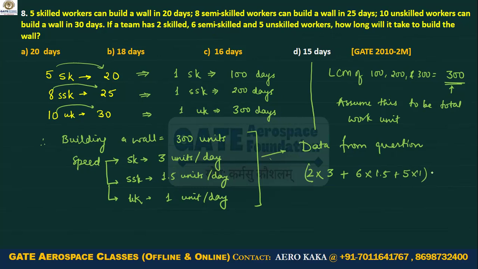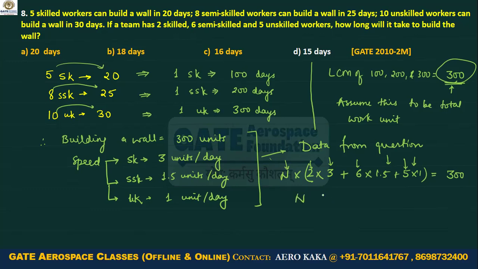Let's say these all are working together for n number of days. Building a wall, as we have assumed, is 300 units. So I have taken the speed of each category of worker, multiplied by their numbers and by the number of days they work in order to complete a wall of 300 units.